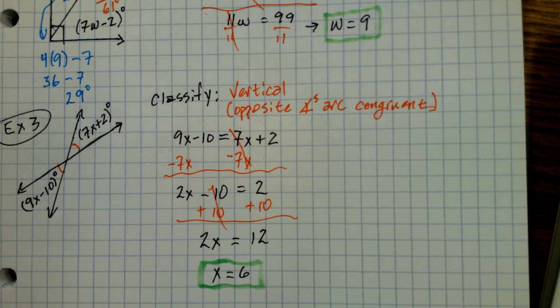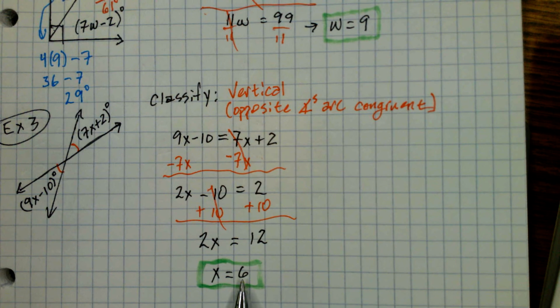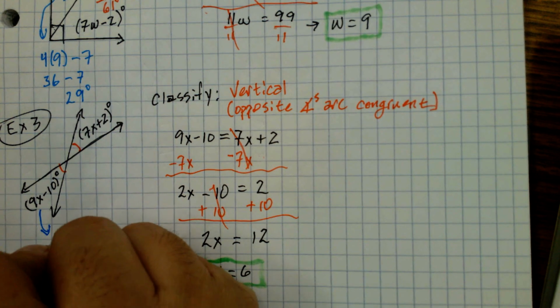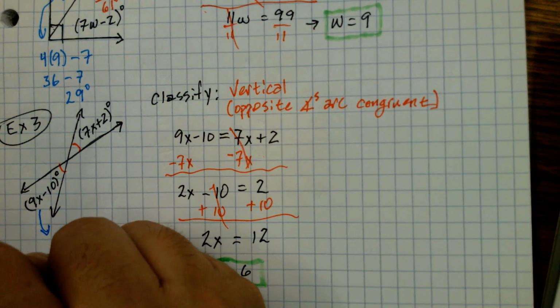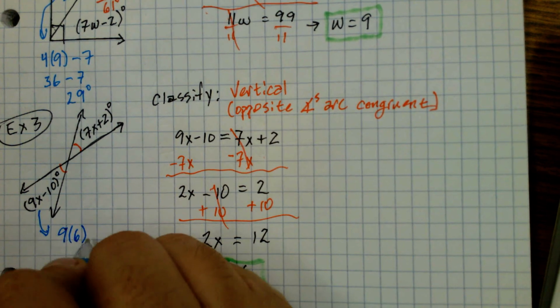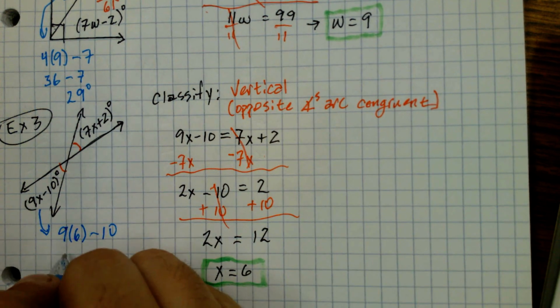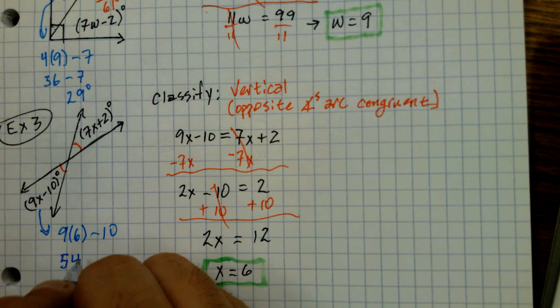Okay. Let's do that. We're going to have to replace x with 6 in one of these expressions. Let's do this one. Instead of 9 times x, it's 9 times 6, take away 10. That's 54.